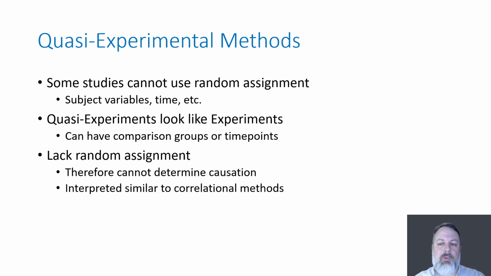Another type of experimental group that's important to point out when we're looking at psychology research is what we call the quasi experiment. And these studies look like an experiment. We have two or more groups and we have an outcome variable and we look to see if there's a difference between the groups. But we can't use random assignment. And so these are things like subject variables.